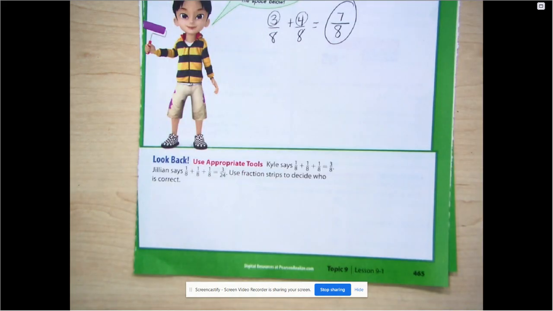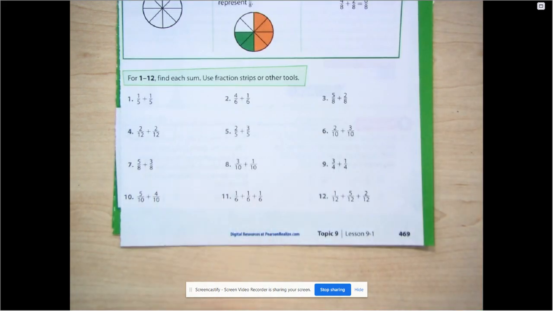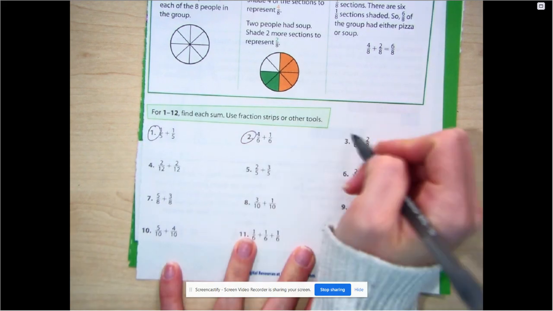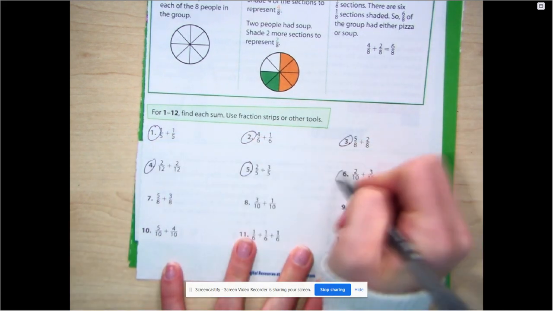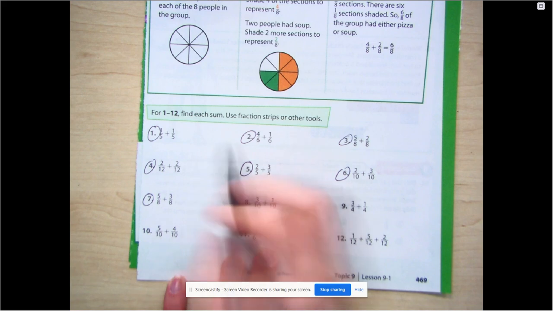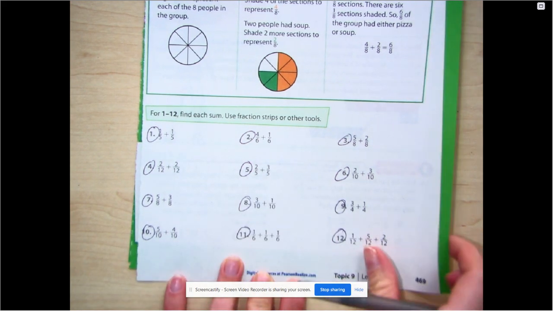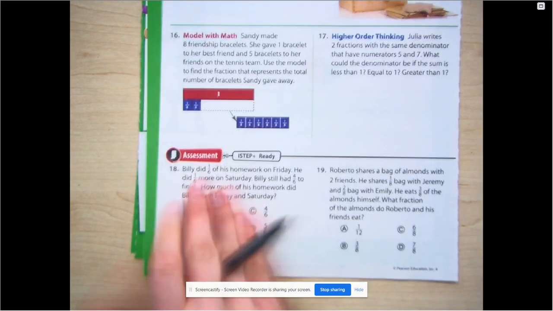On your page 469, I'm going to tell you what problems I'd like you to be working on once you finish the Edpuzzle. So on page 469, you are going to do all the problems on the front side, okay? That should not take you very long, 1 through 12, okay? Do all those, flip it over.